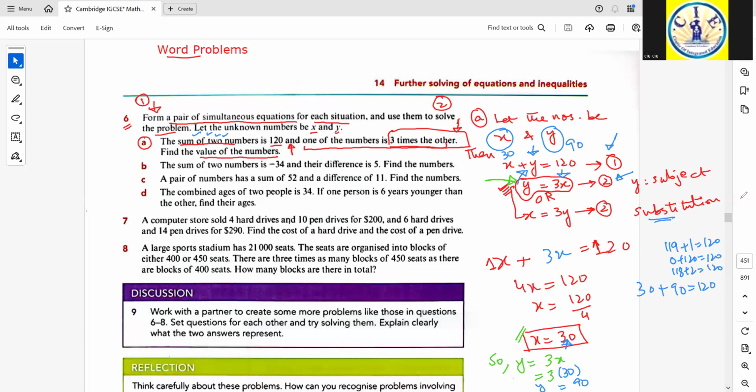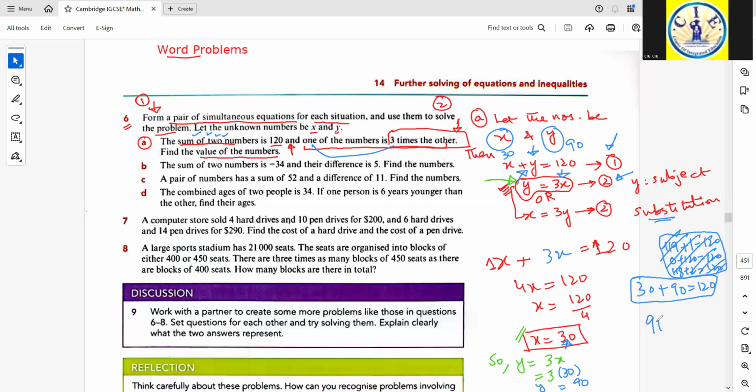But we need to fulfill the other condition as well. The other condition was that one of the numbers is 3 times the other. That eliminates all the other possibilities. So these two numbers satisfy the second condition as well.